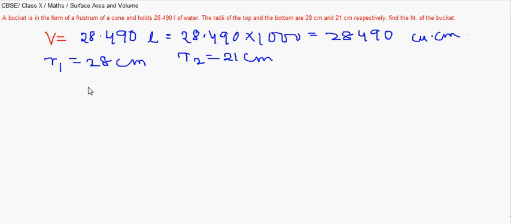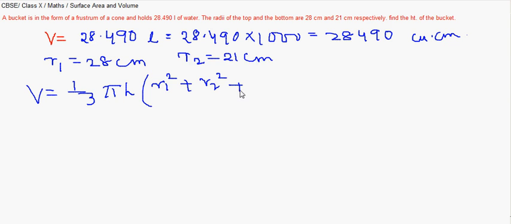So we replace it in the volume formula, which is V is equal to 1 by 3 pi h, this time, and then it is R1 square plus R2 square plus R1 R2.